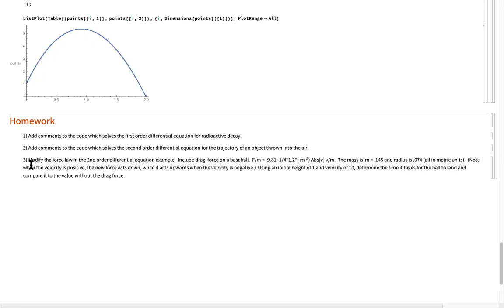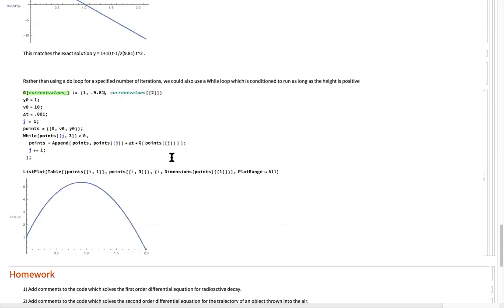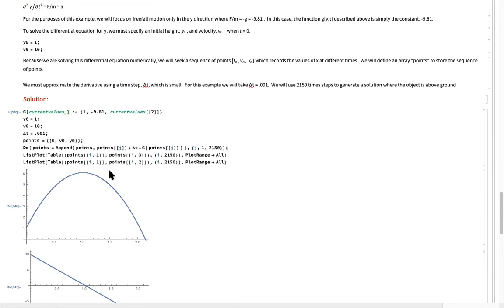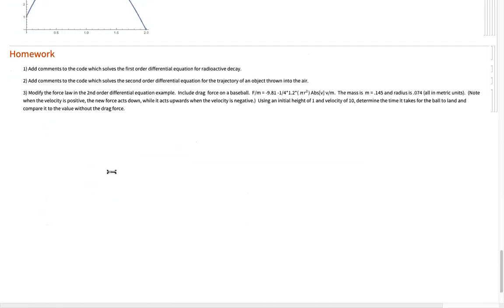Finally, modify the second order differential equation example, that would be this projectile motion problem, and include a drag force on the baseball. So you're going to imagine throwing a baseball straight up in the air. Now, you don't really need to know any physics. I've given you the formula.